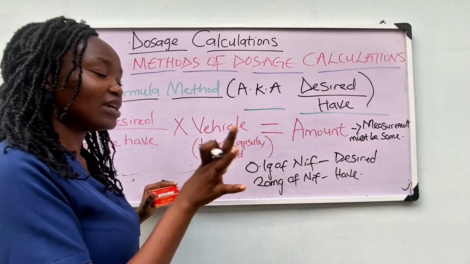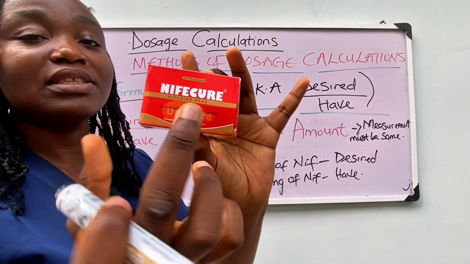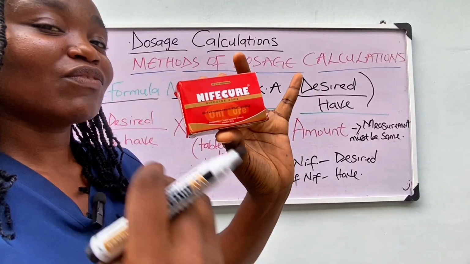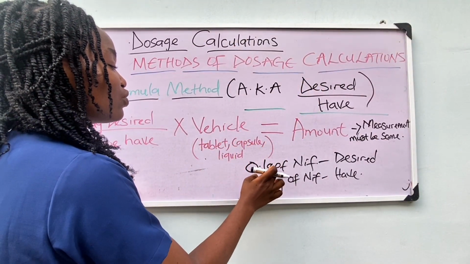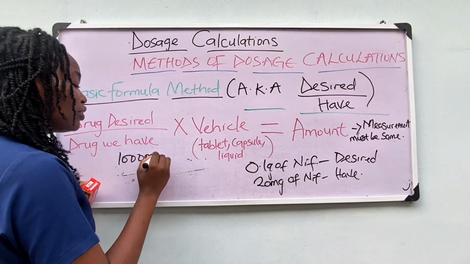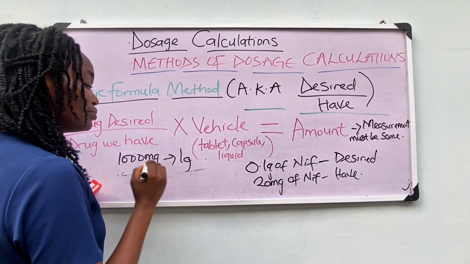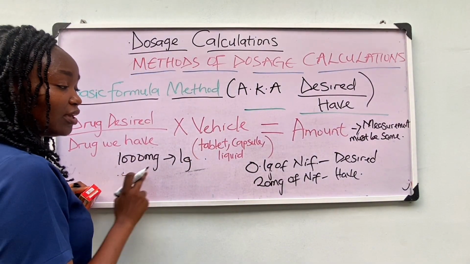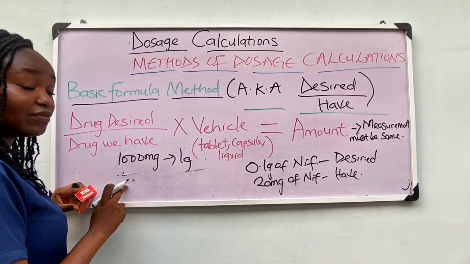Now, from what we said already, how do we do this conversion? We are converting to whatever we have available in the drug pack. So all your conversions are done into what we have available, meaning we are going to be converting gram to milligram. We already know that 1000 milligram makes 1 gram. We're trying to find out what 0.1 gram would give us in milligram.